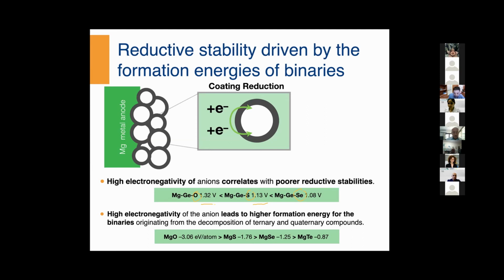This is because there is a strong tendency of your chemistry to develop magnesium oxide over magnesium sulfide and magnesium telluride and so on. So the stronger tendency of your material towards the formation of extremely stable binary systems, such as magnesium oxide, penalizes your reducing or cathodic stability.